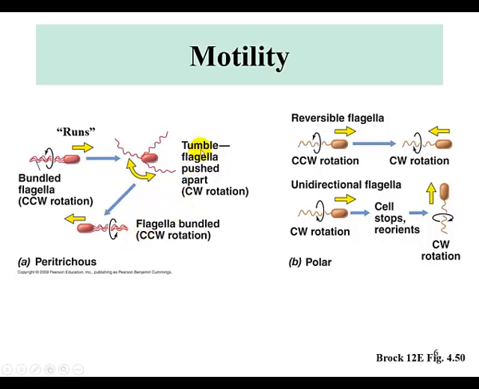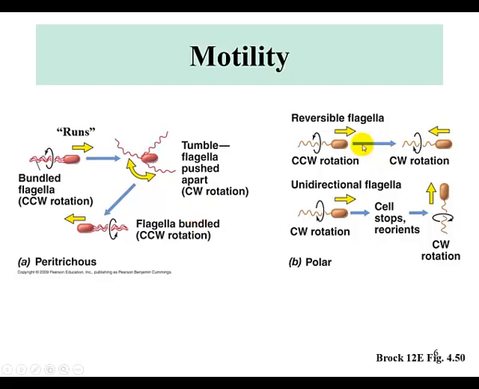Tumbles are generally caused by the reversal of the flagellar rotation, such as shown here in panel A. When the flagella are bundled and the flagella motor is moving in a counterclockwise rotation, a run will occur. But when the motor goes clockwise, the flagella will fly apart and the cell will tumble or free fall.